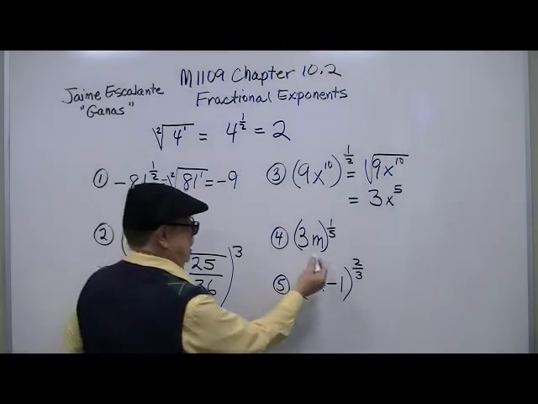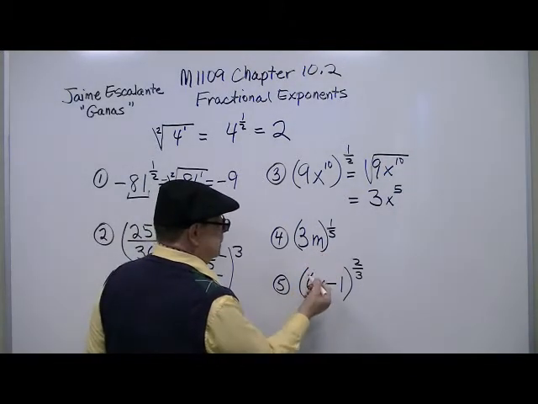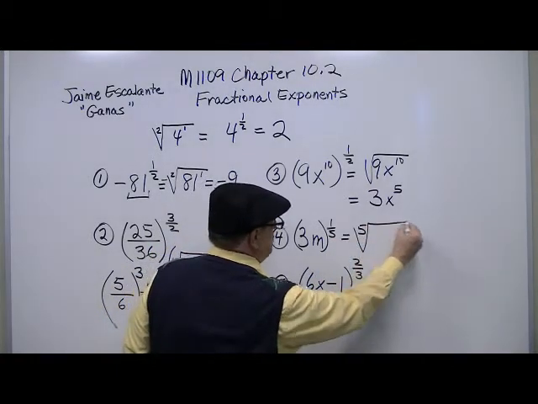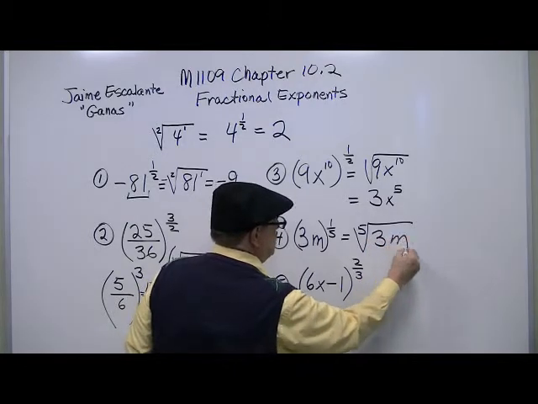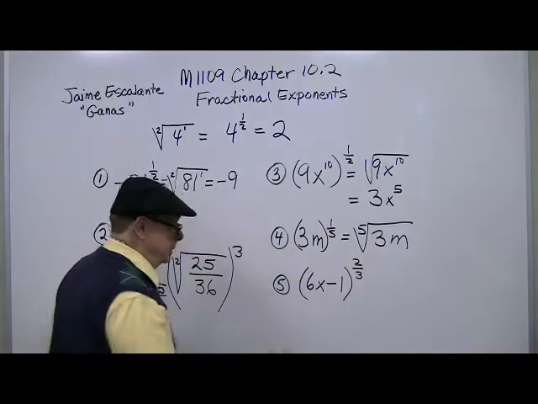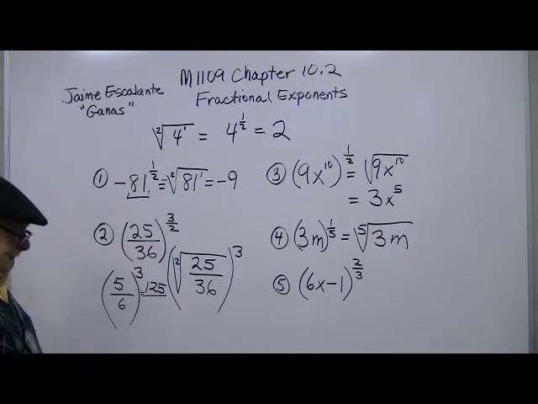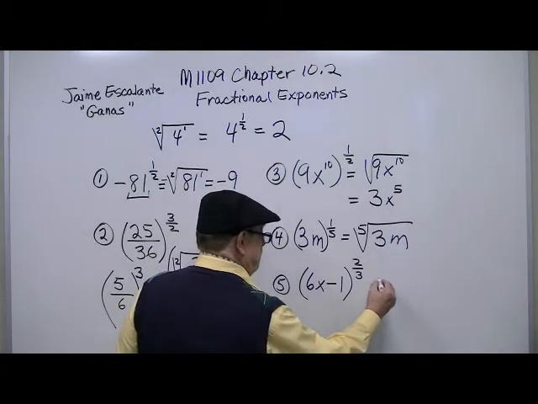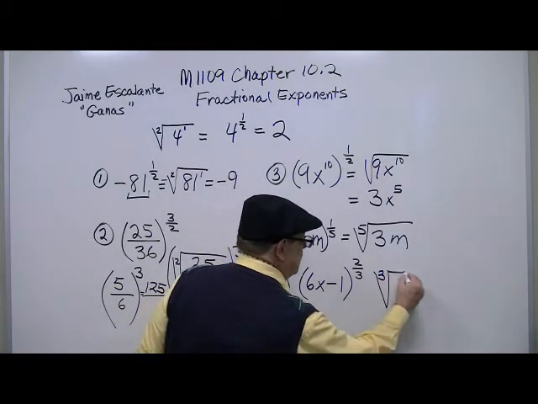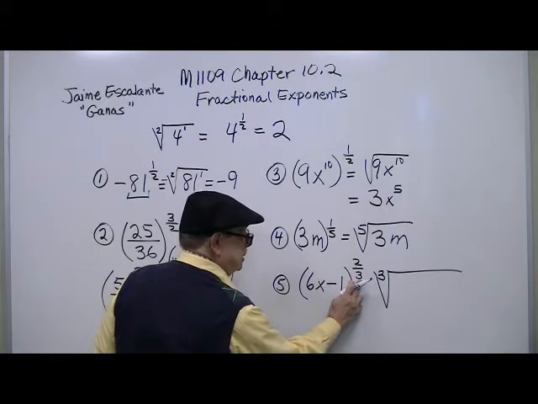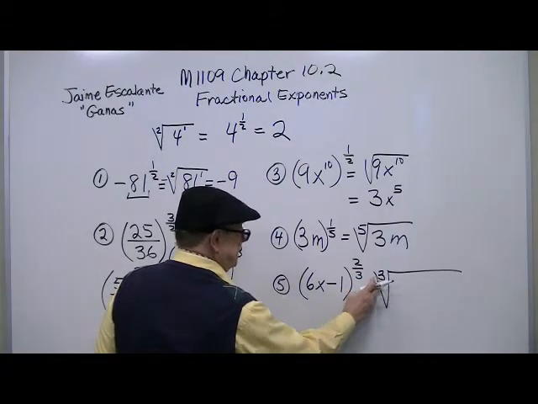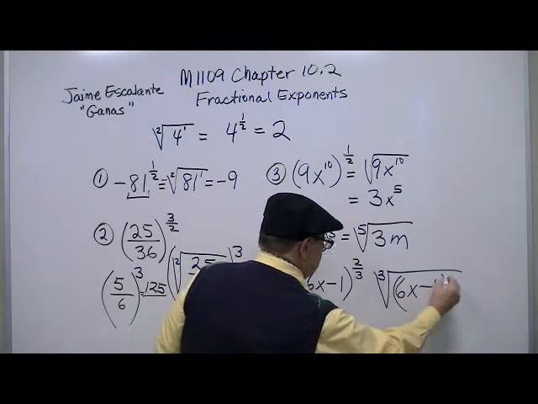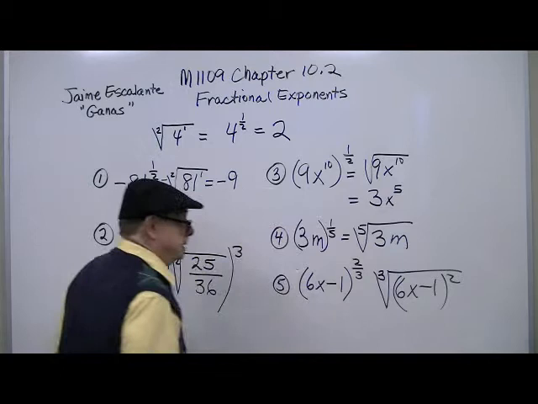For number 4, there are no perfect fifths in there, so we're just going to convert it to radical form, the 5th root of 3m. And if it's to the first power, we don't write anything. And this one will be the 3rd root. Again, we take our denominator as our index number. And you can actually leave it in parentheses like this. That would be okay.